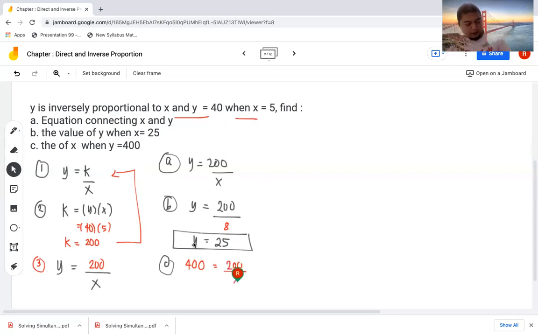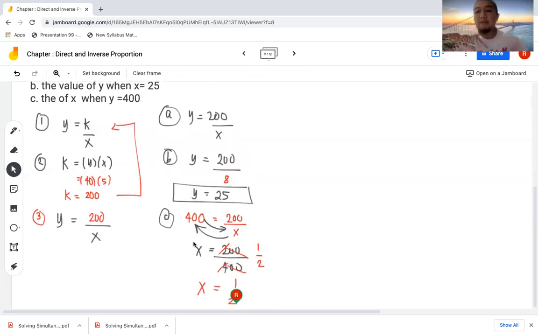And for you to get the value of x, all you need to do is to just switch these two. So this is going to give you x is equivalent to 200 divided by 400. And we know that these zeros can be canceled out, and the 2 and the 4 can be changed to half. So this would mean that the value for x is now equivalent to half.